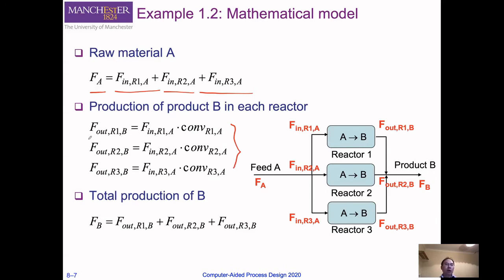For instance, FOUTR1B is equal to FINR1A times the conversion rate of A to B.